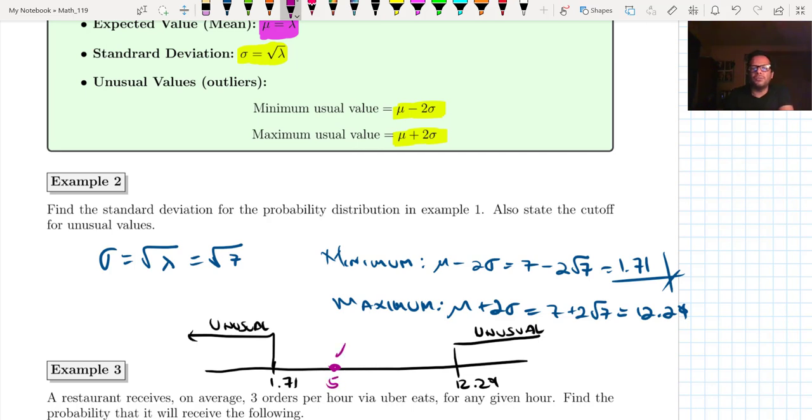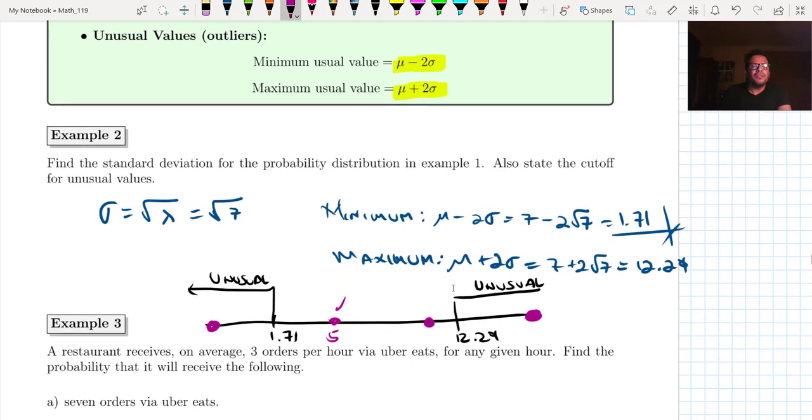What about 10 people? Well, 10 people is within the usual region. But what about nobody? That's within the unusual region. What about 20 people? 20 people would be unusual at the coffee shop at the same time. So that's what we do, we use the minimum and maximum cutoff values to determine whether a given number would be an outlier, or unusual.